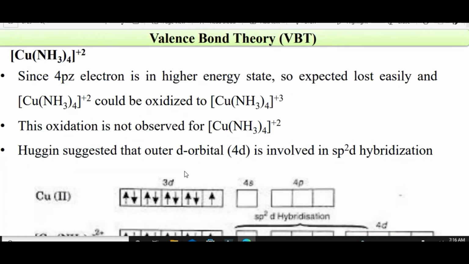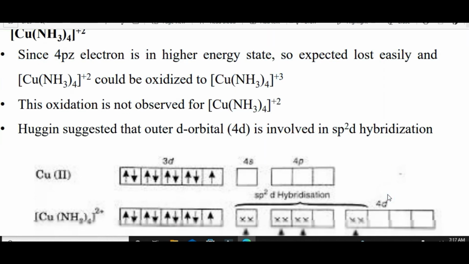Since the 4p electron is in a higher energy state, it is lost easily, and [Cu(NH3)4]2+ could be oxidized to [Cu(NH3)4]3+. The oxidation is not observed for [Cu(NH3)4]2+, so it is an exception. Huggins considers that the outer d orbital is involved in sp2d hybridization.